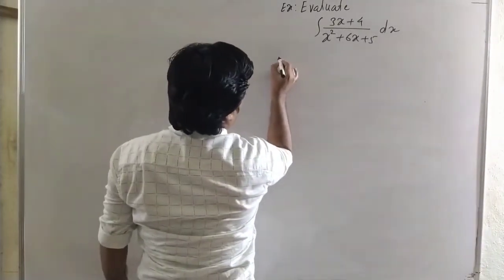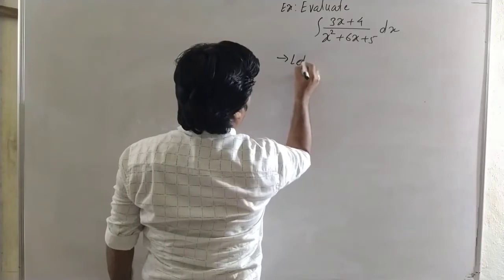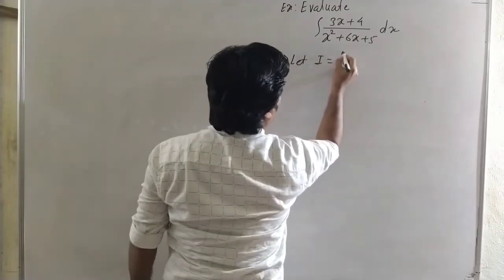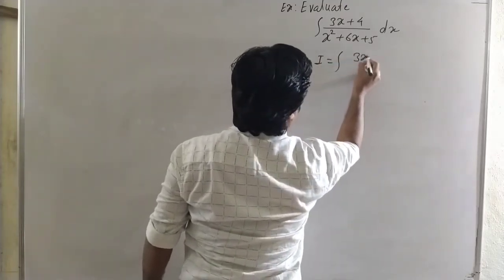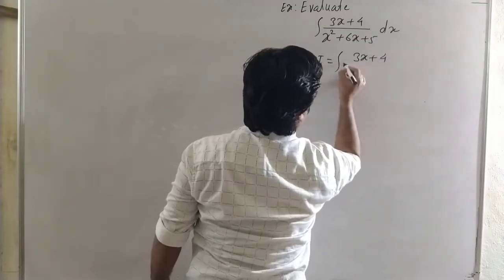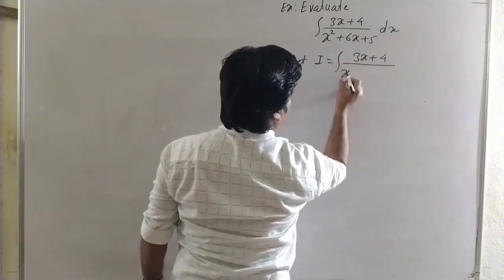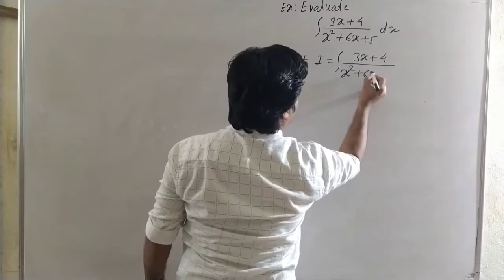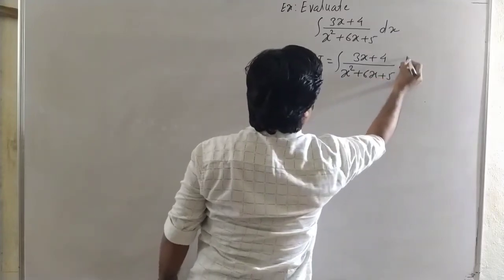Let I be equal to the integral of 3x plus 4 upon x square plus 6x plus 5 dx. See carefully.